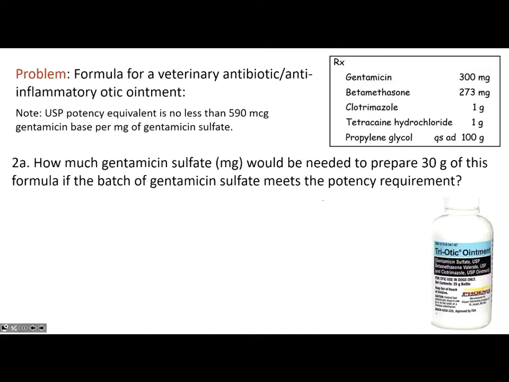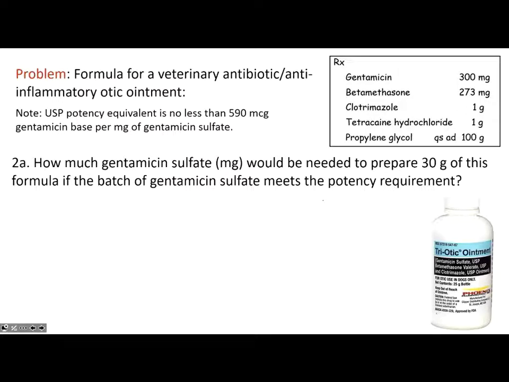So in 1 milligram of gentamicin sulfate, that's equivalent to, and can you guys convert micrograms to milligrams in your brain? 590 micrograms is how many milligrams? How many decimal points is 1,000, right? So what's 590 divided by 1,000? 0.59. So 1 milligram essentially of the sulfate has 0.59 milligrams of the base.